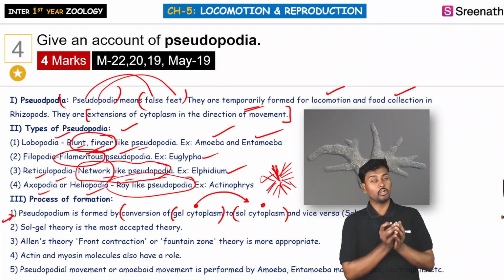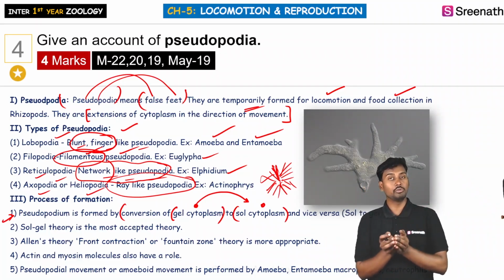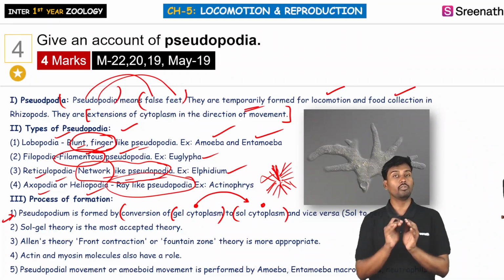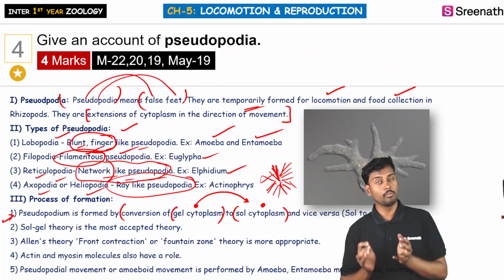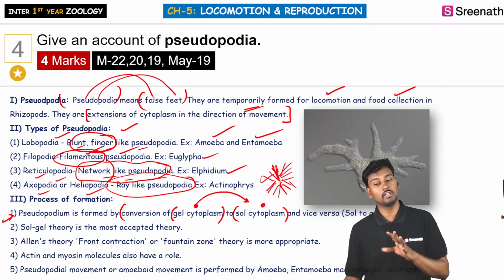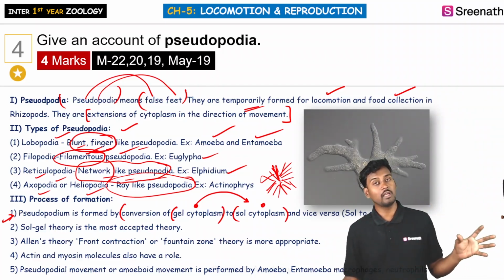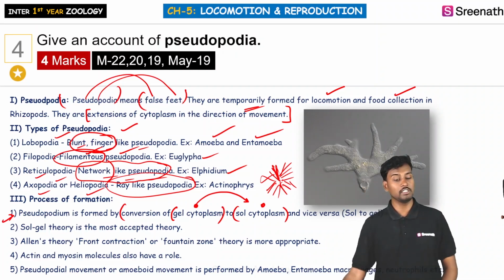So the cytoplasm from the solution state will transform into gel when it wants to stabilize. When it wants to move, it will convert from the gel form into the sol form, that is the solution form. So this kind of change from gel to sol to gel is nothing but called movement, and stability to movement is generally called the sol-gel theory.